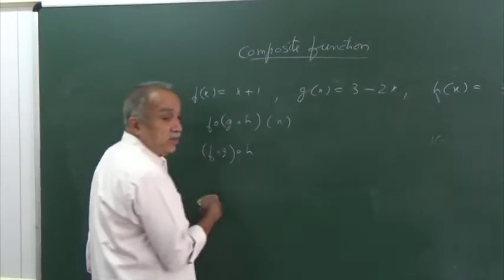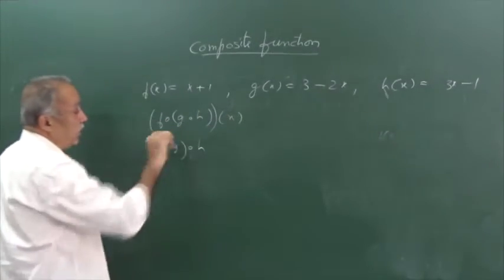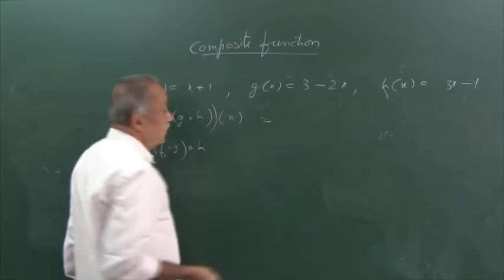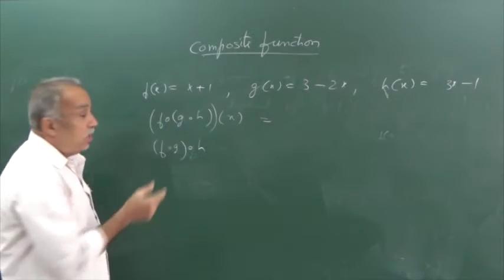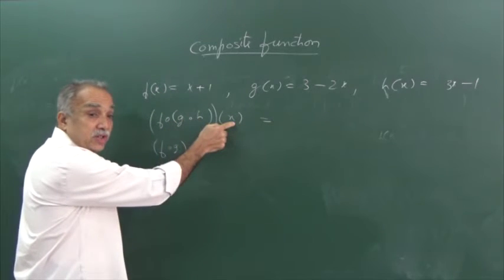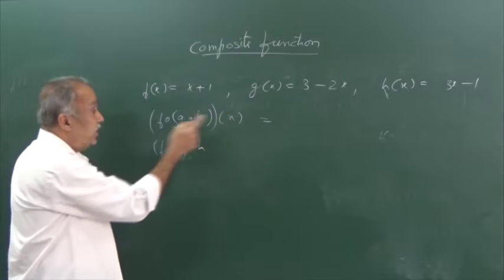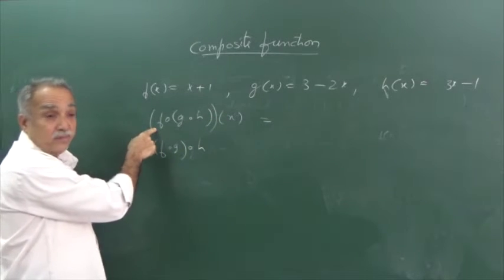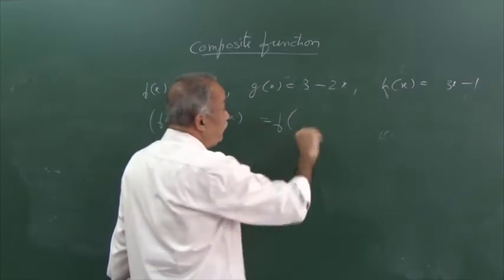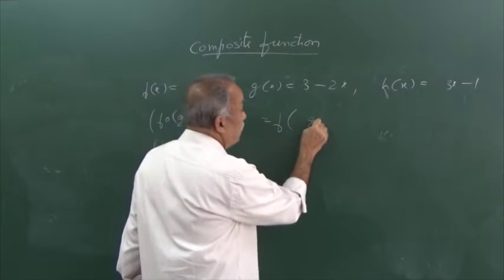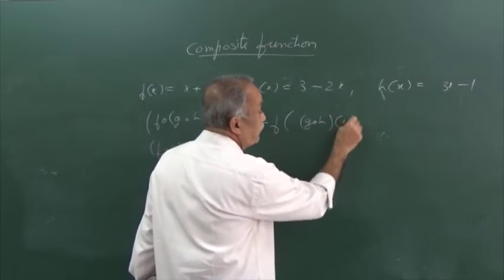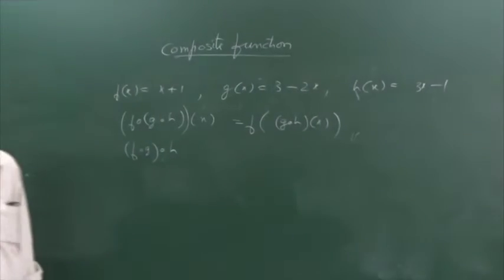By definition, this will be, what should I do? First apply this to x, then to the result I must apply f. f of g composite h of x. Agreeable?